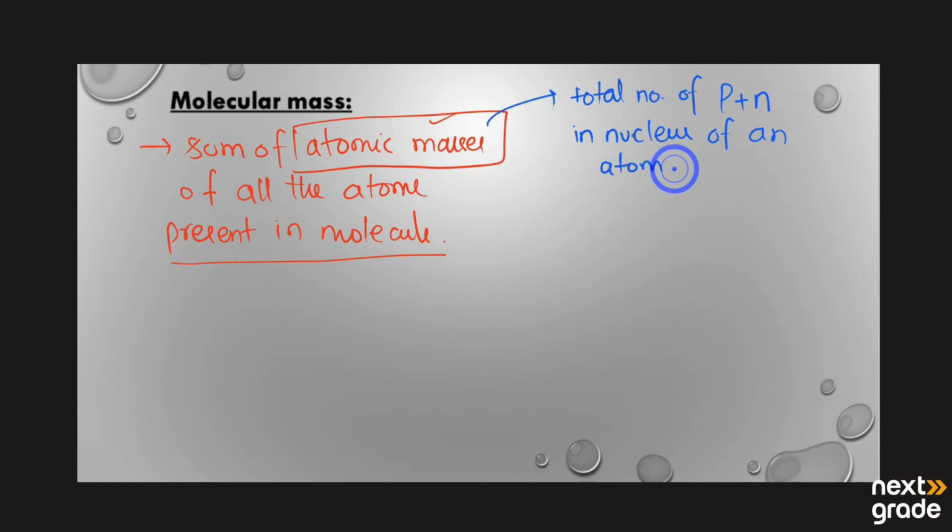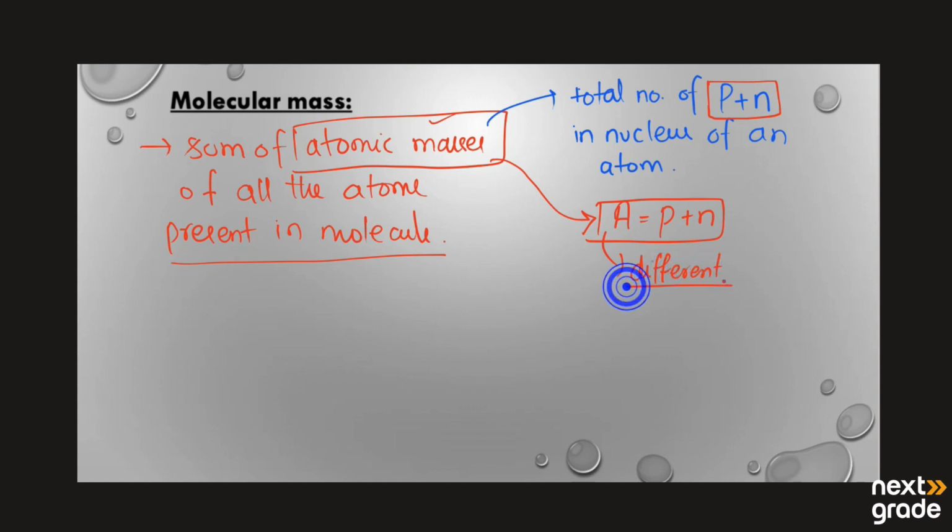This sum is known as atomic mass, and it is denoted by the letter A, where A is equal to protons plus neutrons. The atomic mass of every atom is different, so every atom has a different mass number.